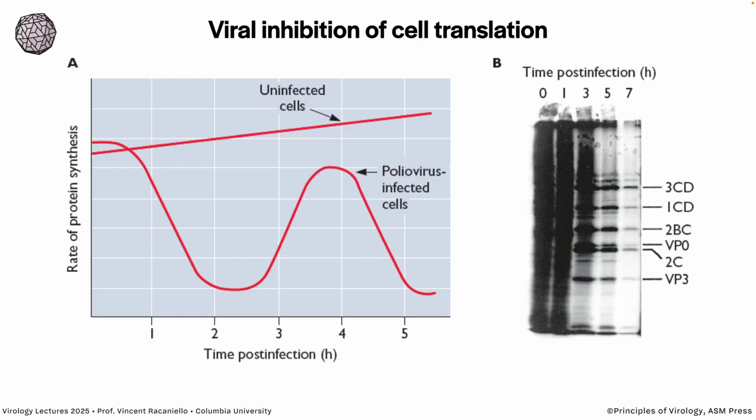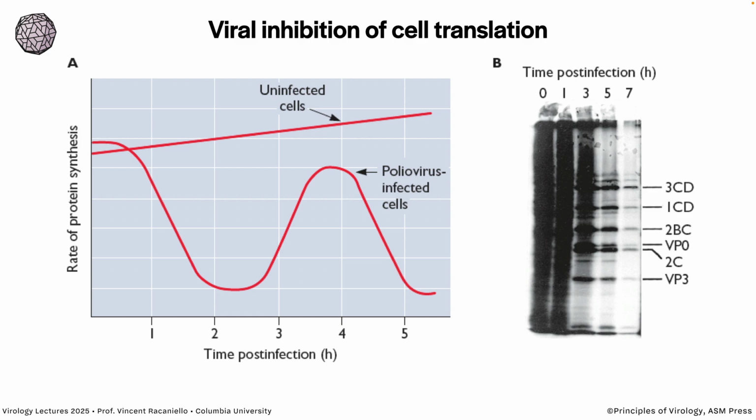Now, many viruses inhibit translation of cellular proteins specifically so that they can have the entire translational apparatus for themselves and have very high efficiency translation of viral proteins. So this is an experiment from my lab many years ago where we infect cells with poliovirus and then we measure protein synthesis at different times after infection.